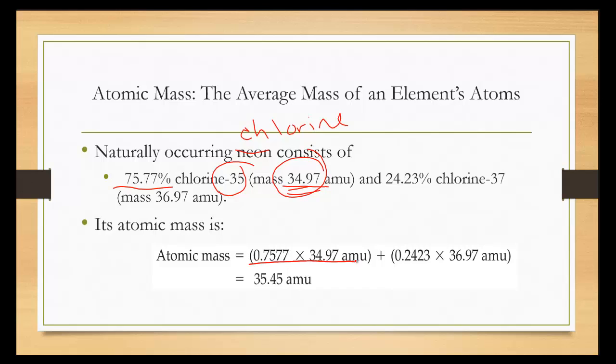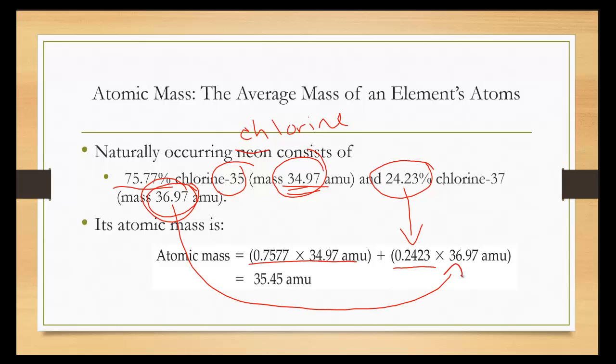Chlorine 37 has a mass of 36.97 AMUs, and it's 24% abundant. So 0.2423 times 36.97. Multiply these up individually and then add them together, and that's how you get 35.45 AMU on the periodic table.